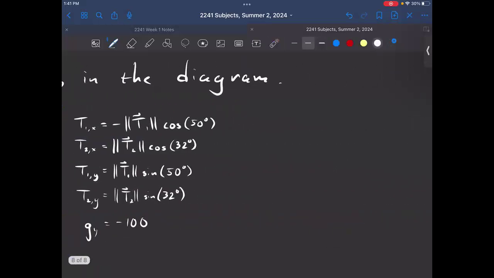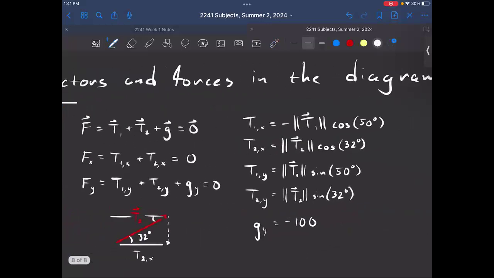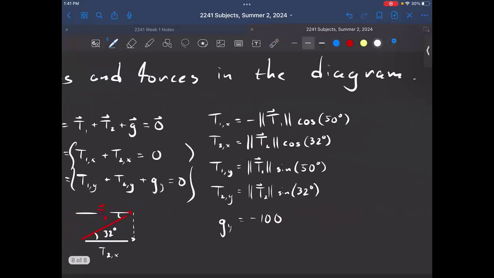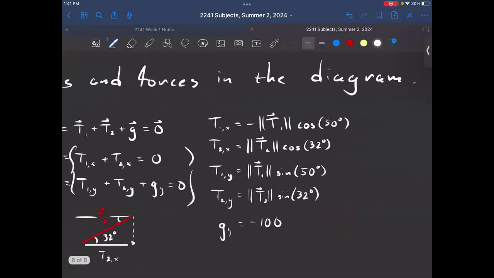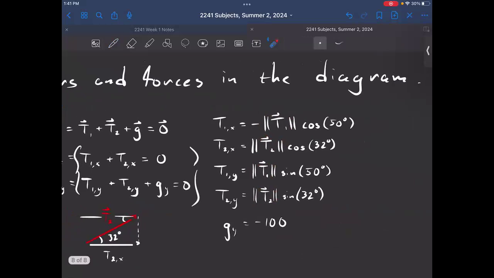All right, so now what we have is our equations right here. You can think of this as a system of equations. And what we're looking for is these norms. These are the forces of the tension vectors.